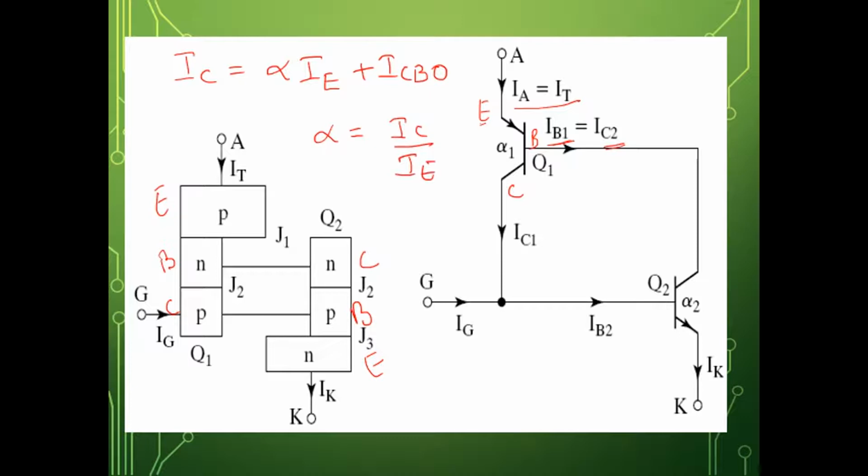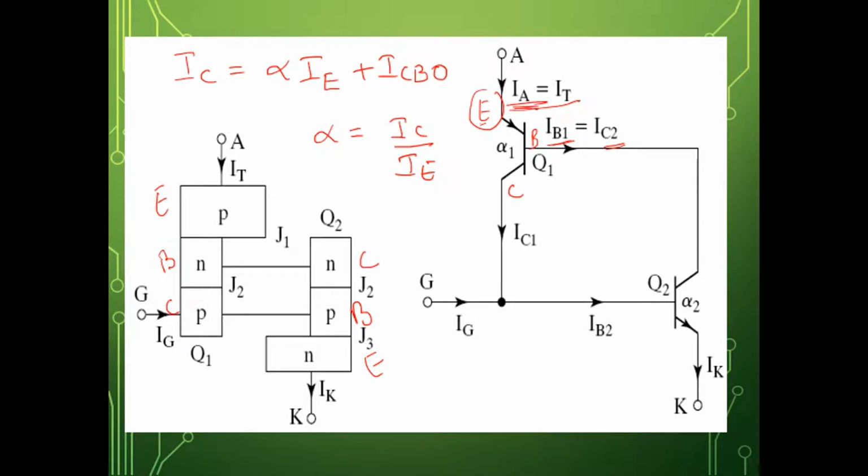Now we will apply this formula separately to transistor Q1 and transistor Q2. For transistor Q1, what is the emitter current? This is our emitter terminal, so that current is the anode current.